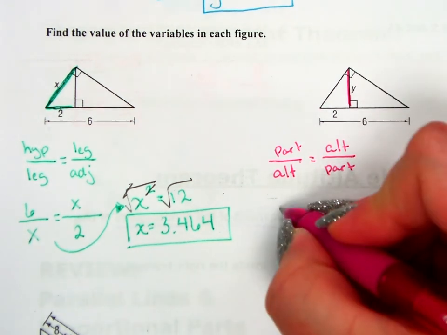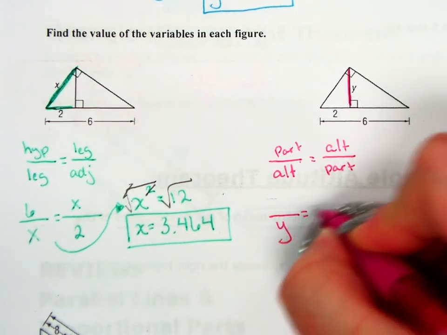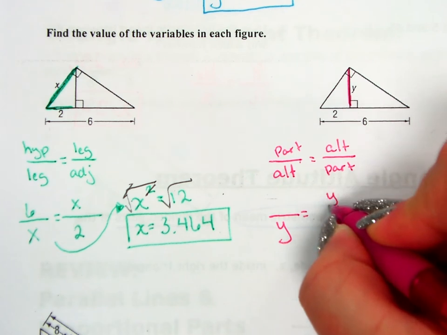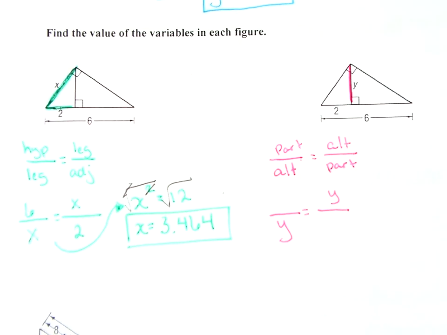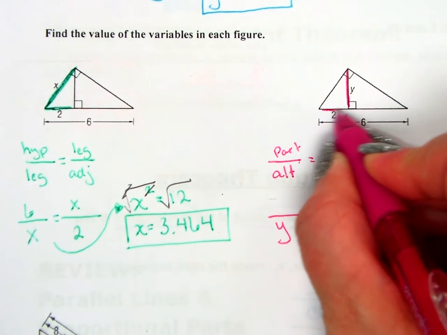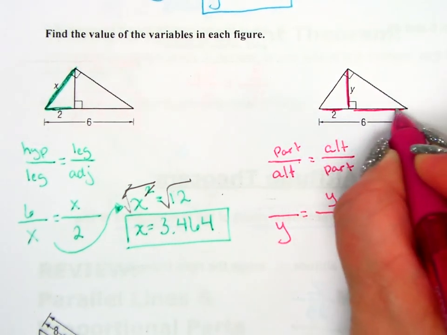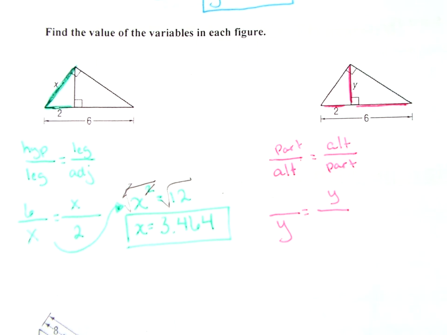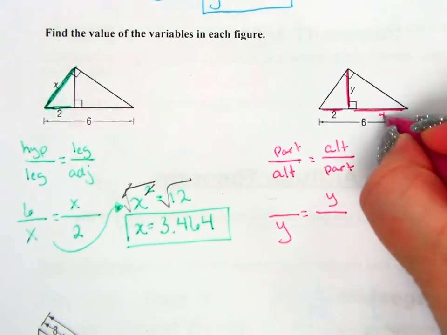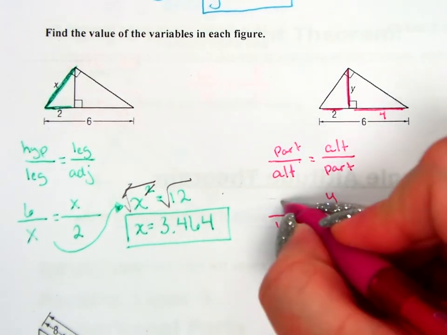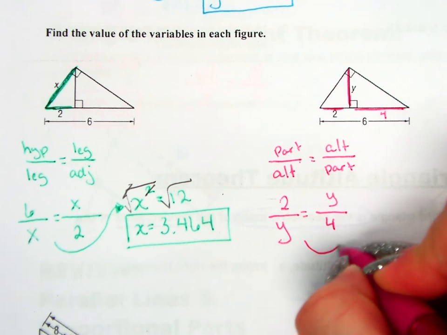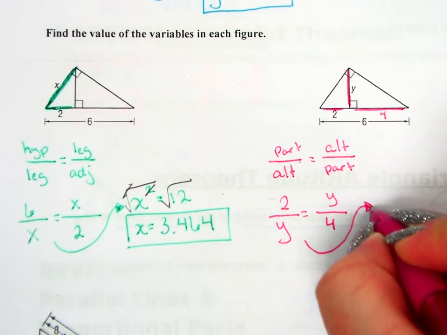So my altitude is y. So y is the geometric mean between, what are my two parts? 2 and 4. How'd you get 4? Yeah. It's like the corollary to the segment addition postulate, right? If you know the whole thing and you've used 2, there's 4 left for this piece. You just subtract. So 2 and 4.